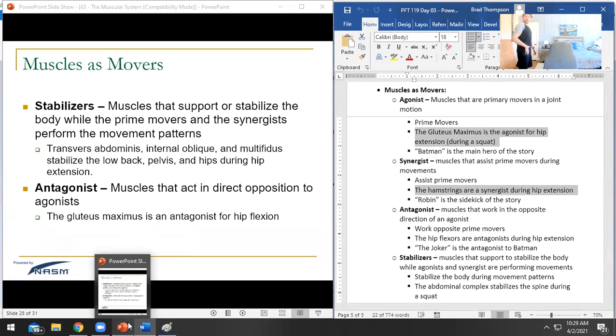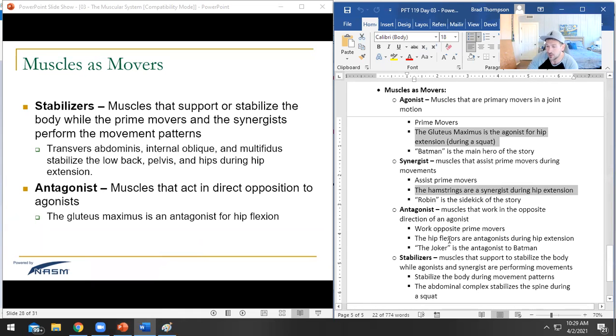This muscle drives my hip up towards me. So we've got hip flexion versus hip extension. Flexion, extension. Hip flexors, gluteus maximus, right? That's my opposite setup there. So the hip flexors are antagonists during hip extension.